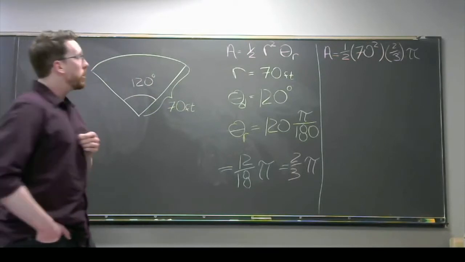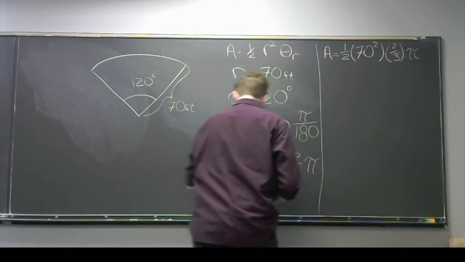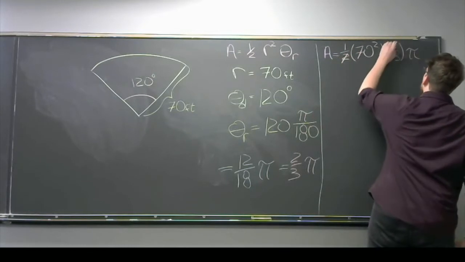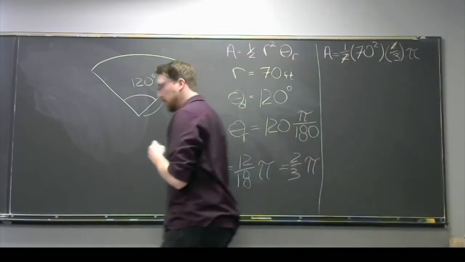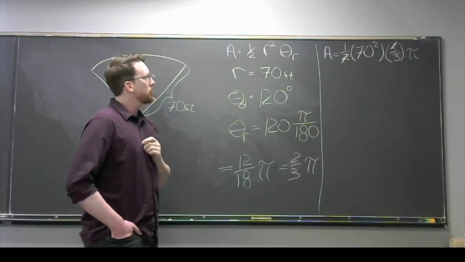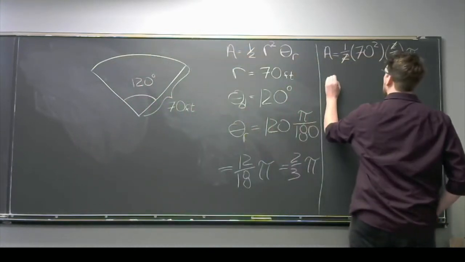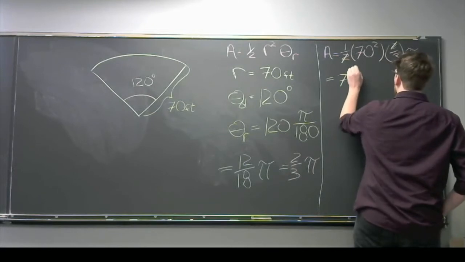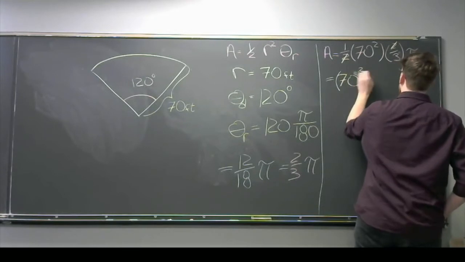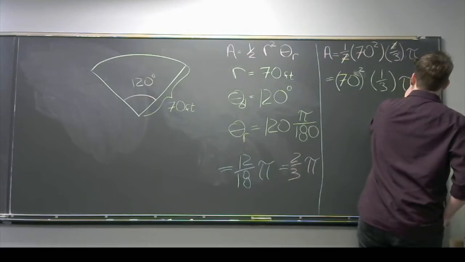Really quickly, we might notice that this 1/2 and this 2 are going to cancel. So when we do that, what we're left with is 70 squared times 1/3 times pi.